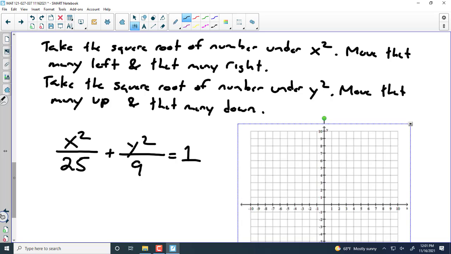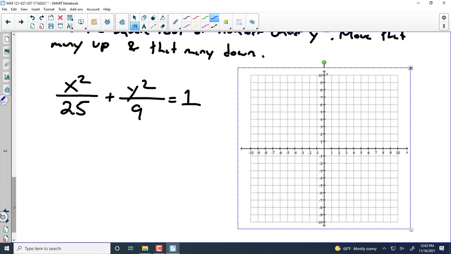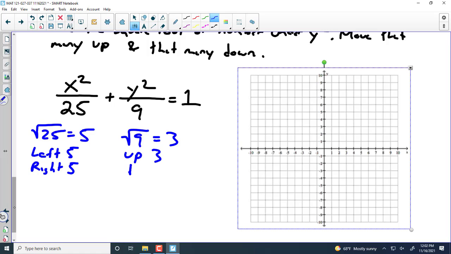Right up here if you didn't get it written down, because I know I go fast. Just like that, you get 4 points on the ellipse. Just like that.